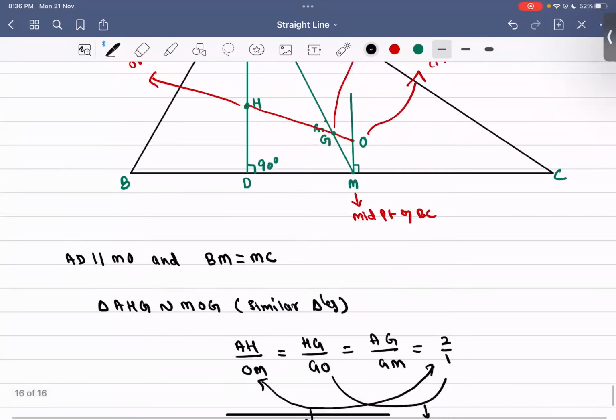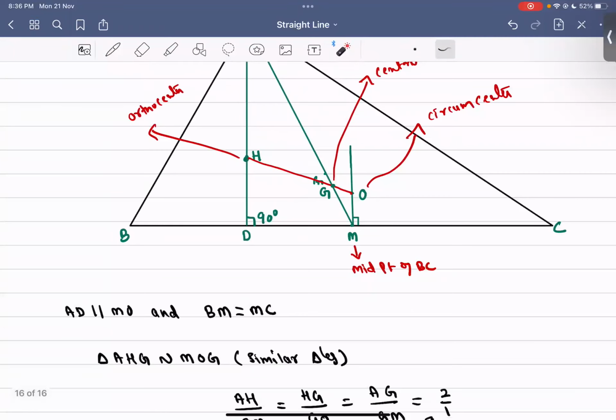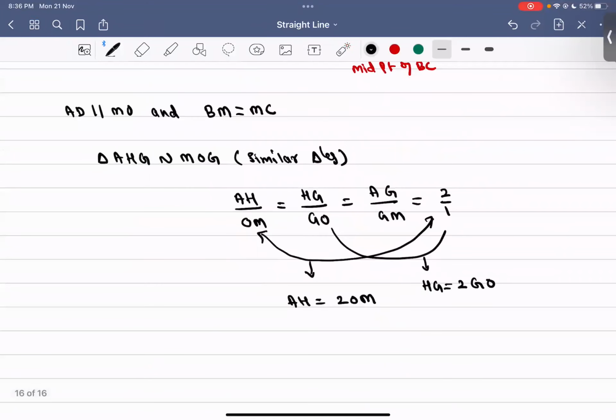What is HG equal to? HG is equal to 2 times GO. So HG distance is 2 times the GO distance. Means H, G, O are collinear or not? Yes or no? That implies H, G, O are collinear.